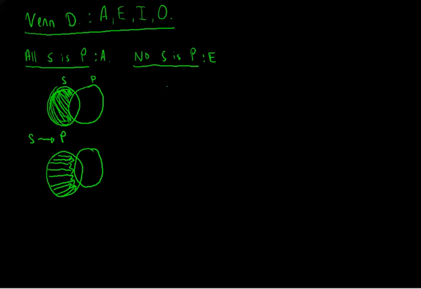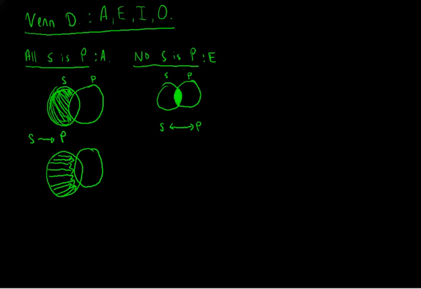So again, we just draw our two circles here, and then we label S and P. And then what we're going to do here is we're going to get rid of this intersection, right? Because no S's are P's. So if we delete the intersection, then there's nothing in the universe that is both an S and a P. The way I kind of think about this is a double arrow, and I think about it as being pushed apart.